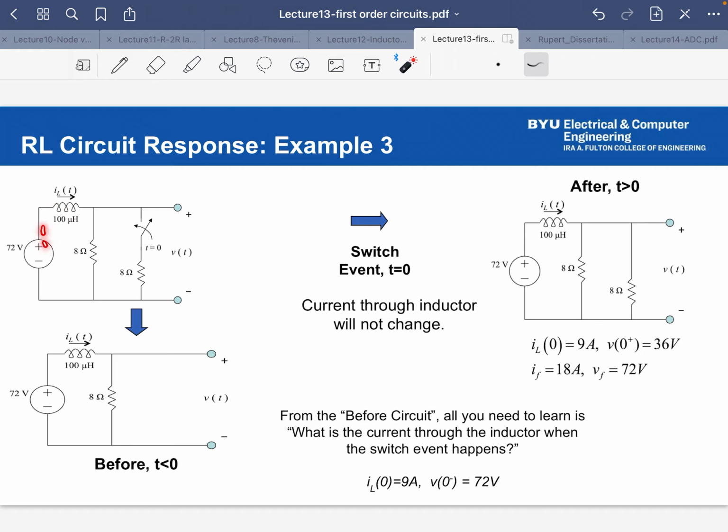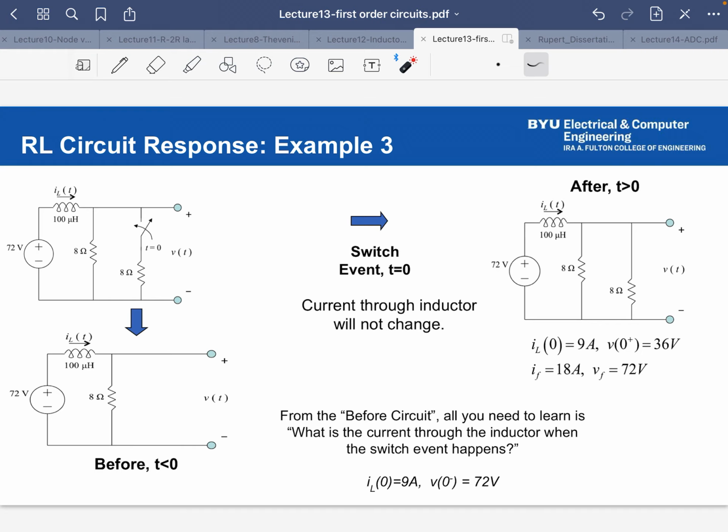The current flowing here is simply 72 volts divided by 8 ohms. So the initial current is 72 divided by 8, or 9 amps.